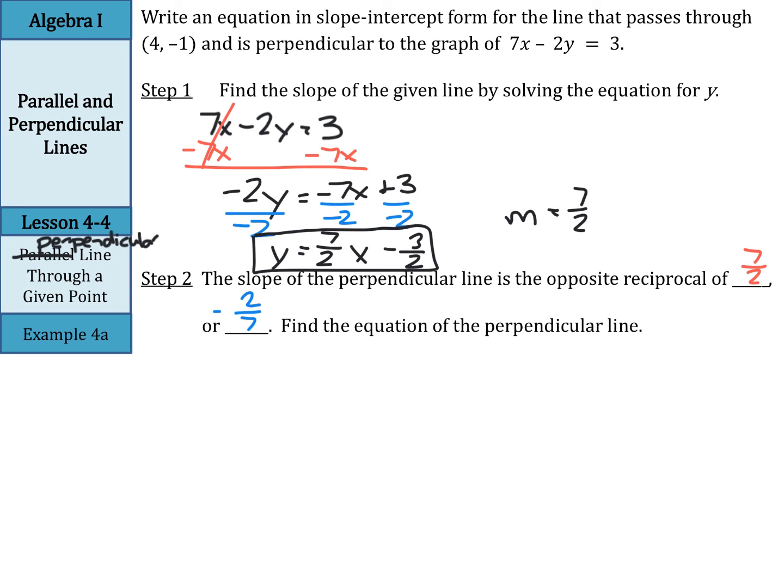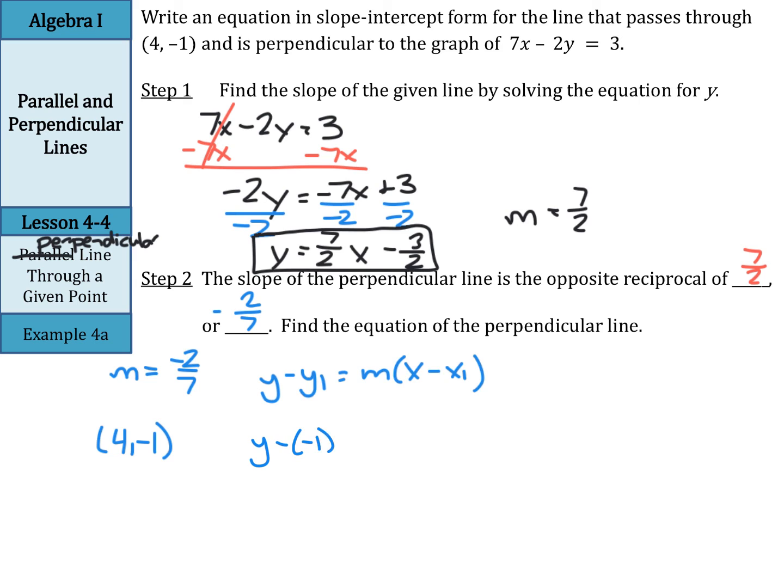So find the equation of the perpendicular line now. Just like when we were finding parallel lines, now we have our slope being m equals negative 2/7, and our point from our question, and we'll start off in point-slope form. So y minus the negative 1 is going to equal negative 2/7 times x minus 4.